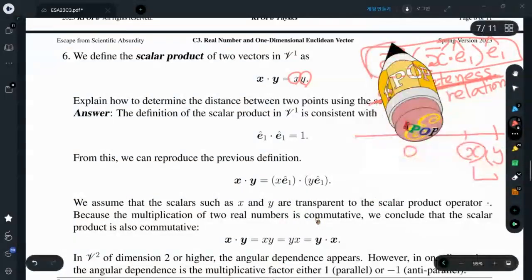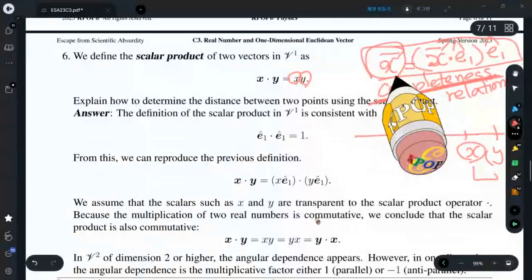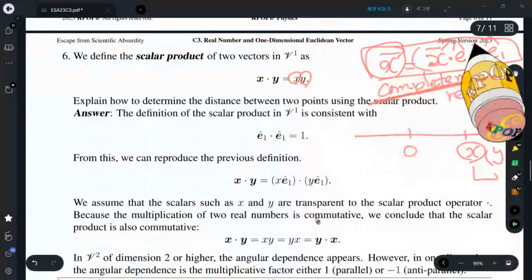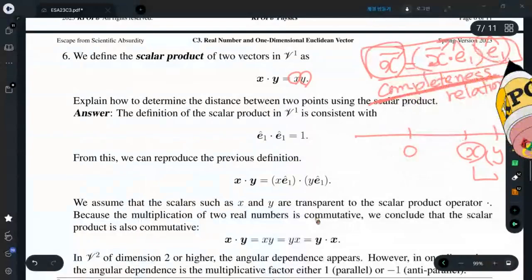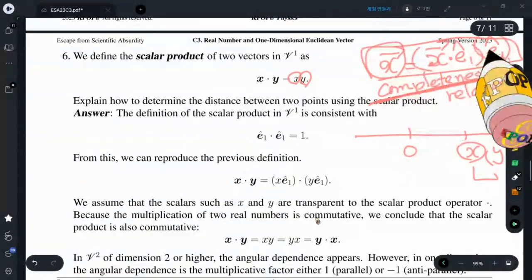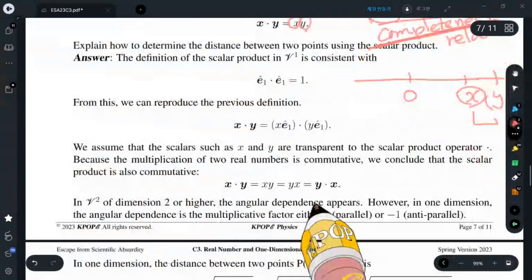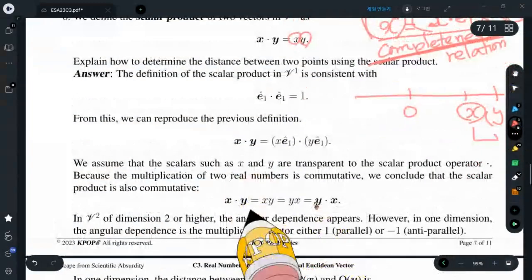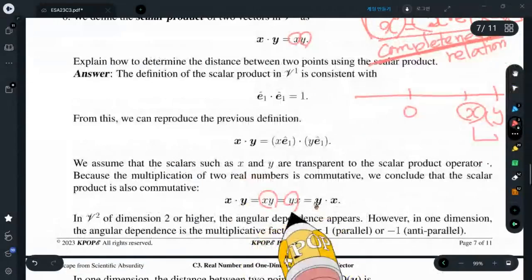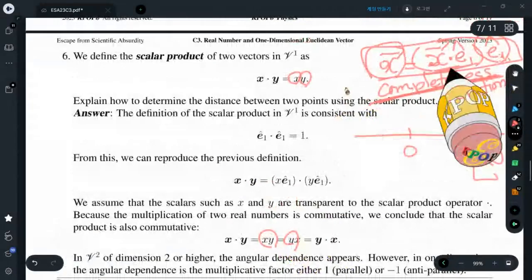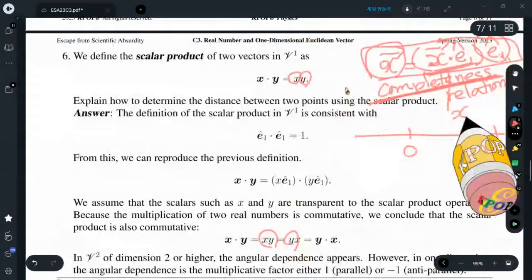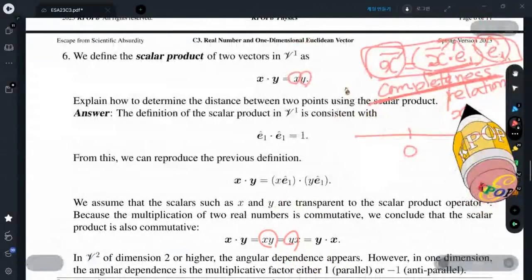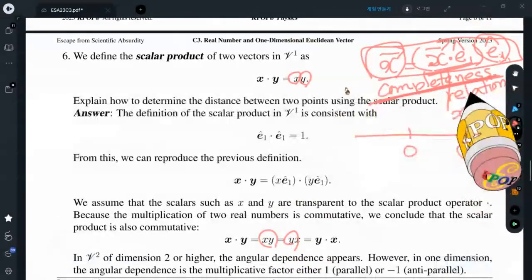So any one-dimensional vector can be expressed as a linear combination of a single linearly independent vector that is called the basis vector. So anyway, in one dimension, scalar product is nothing but the product of the Cartesian component. This is called x, without a bold or without an arrow. Okay.